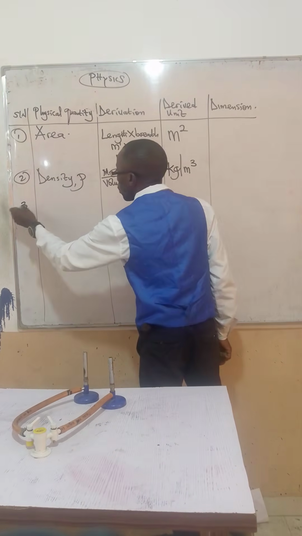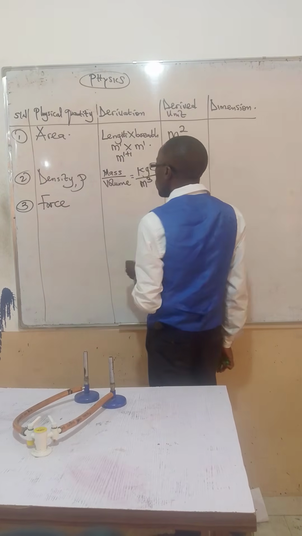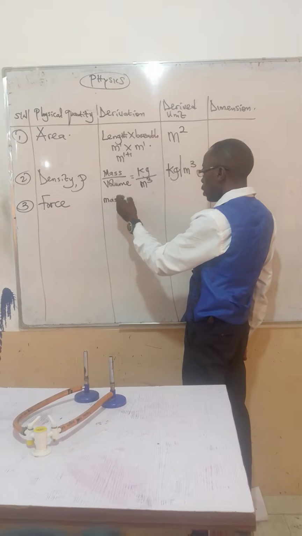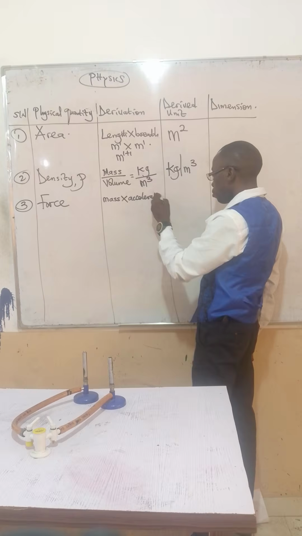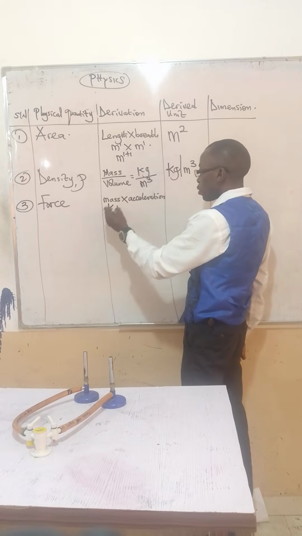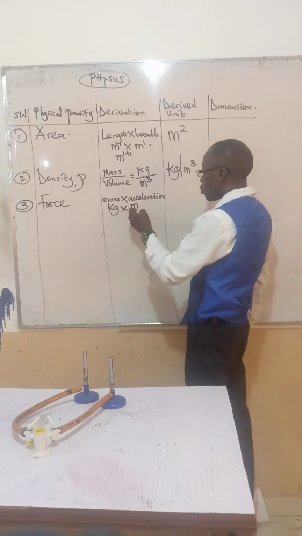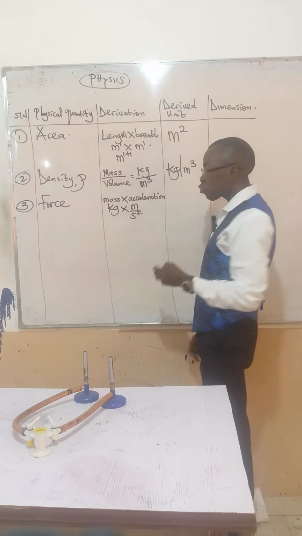Similarly again, we can pick the next one, force. Force is the product of mass and acceleration. Mass is a fundamental quantity which has its unit in kilogram, while acceleration is in meters per second squared.